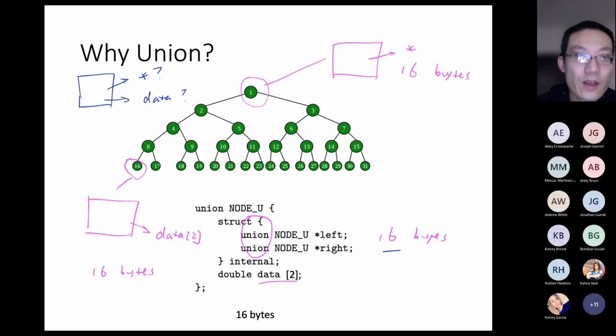So which way? Suppose right now we feed this space to a function, and the function would have no idea how it should interpret this space. Either the node has children and we interpret it as a pointer, or it's a leaf and we interpret it as data. So a function or others won't know what's going on inside, how we should interpret it.